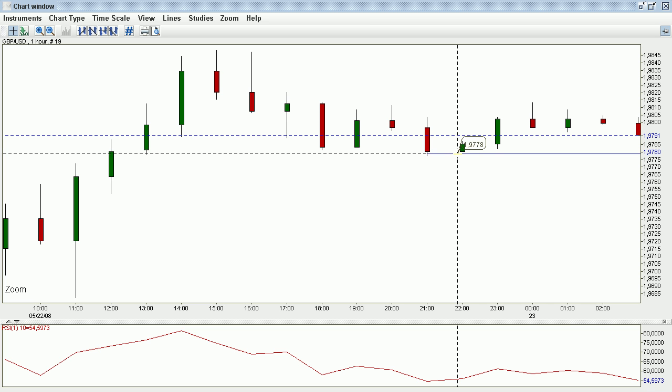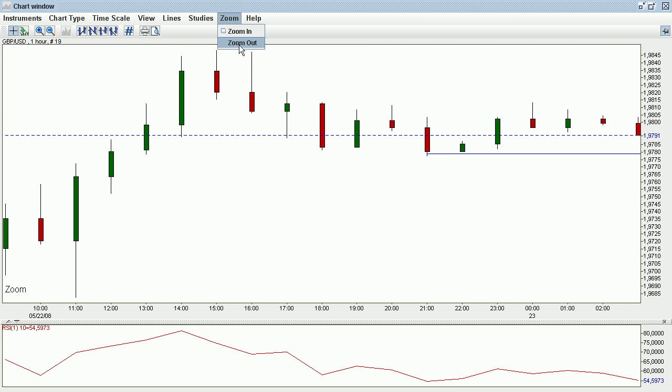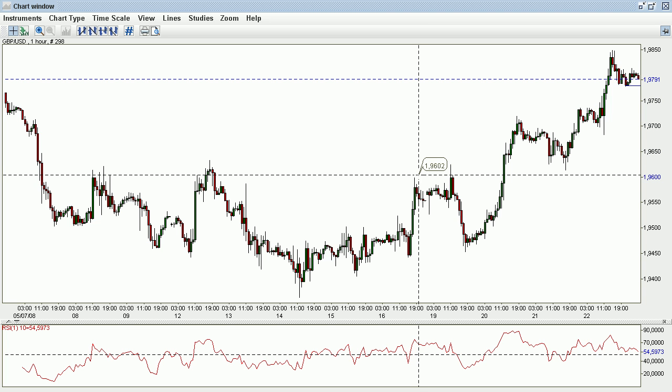If you see a close on the hourly chart below this level, you can open a sell position with a stop loss order set on the level of 1.9805, which is another 30 pips, and the potential for this currency pair is pretty big, since the next support level is set on the level of 1.9732, and the next major support level is set on the level of 1.9600, which is almost 200 pips down the way.